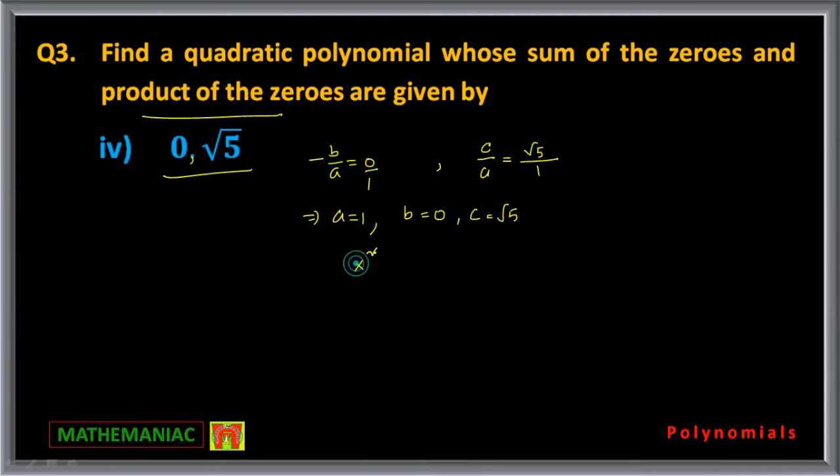So your polynomial will be x squared. In place of a you will be putting 1, right? Therefore it is 1x squared, meaning x squared, b will be 0, so there will be no middle term, and at last it is c, root over 5. That's it. So this time the polynomial is shorter, right?